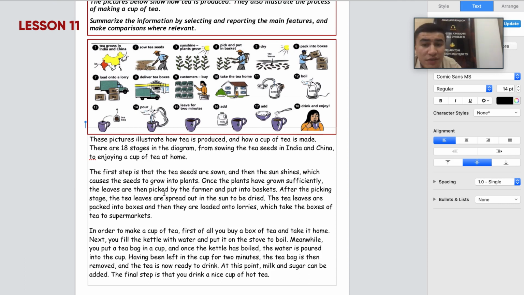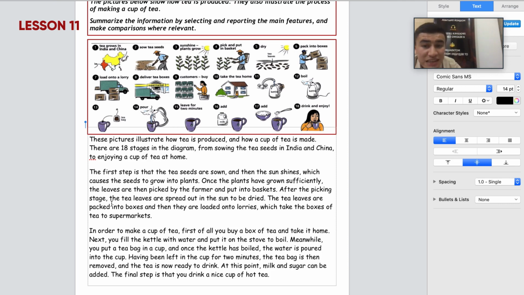After the picking stage, the tea leaves are spread out in the sun to be dried. So again, we went through this structure before. We are using "after".